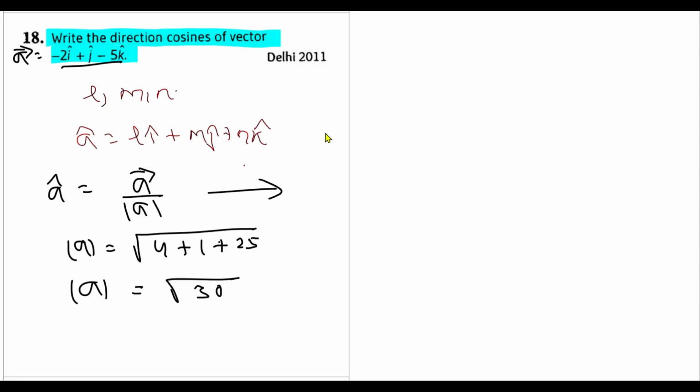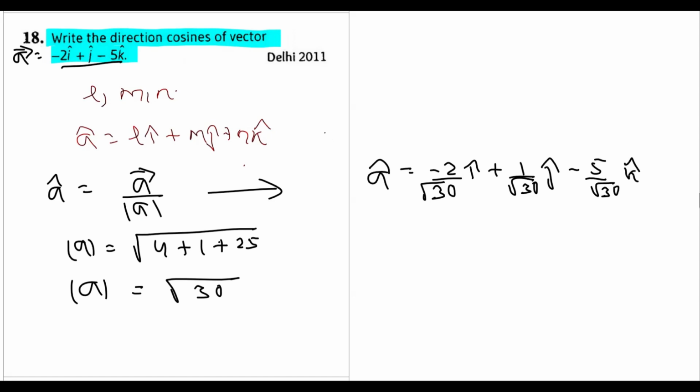Now from here, A cap, which is A divided by its magnitude, is minus 2 over under root 30 times i plus 1 over under root 30 times j and minus 5 over under root 30 times k. And as I discussed, if I compare this with this, we get l, m, n.